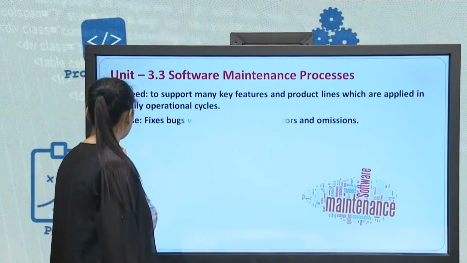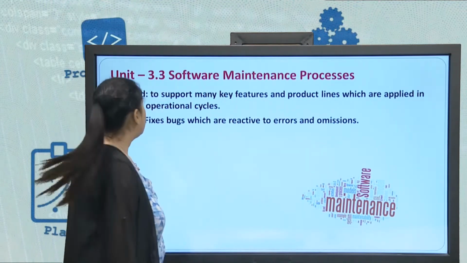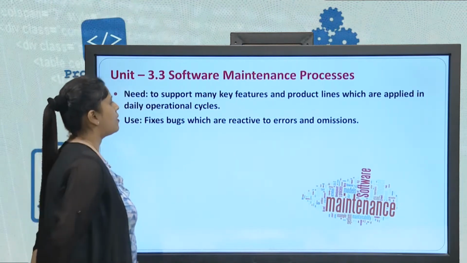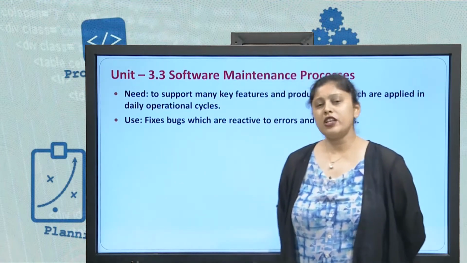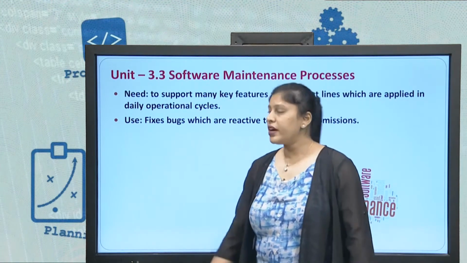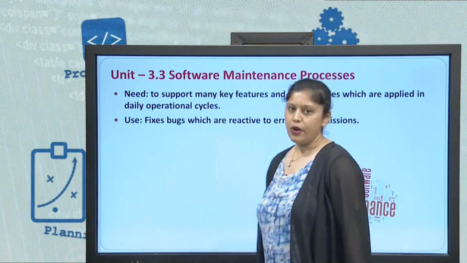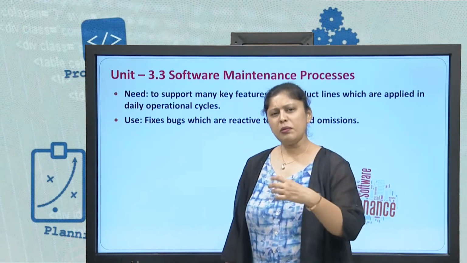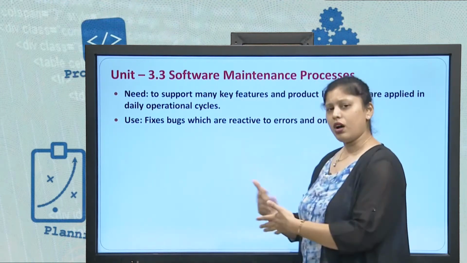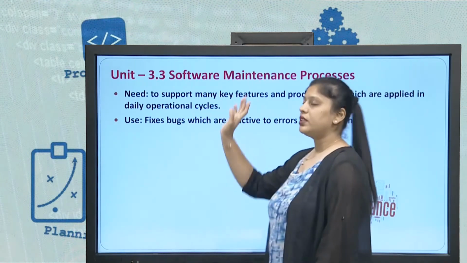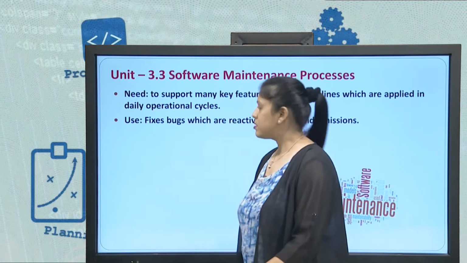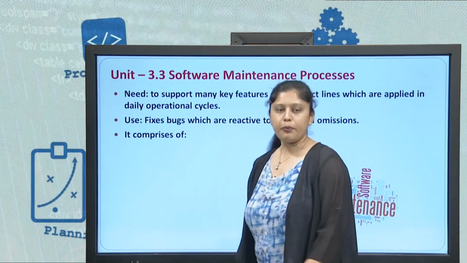Also, it fixes bugs which are reactive to errors and omissions. If I keep my software updated and thoroughly maintained, then any bugs or errors that will come in the future or that are coming currently will be fixed with the help of software maintenance.